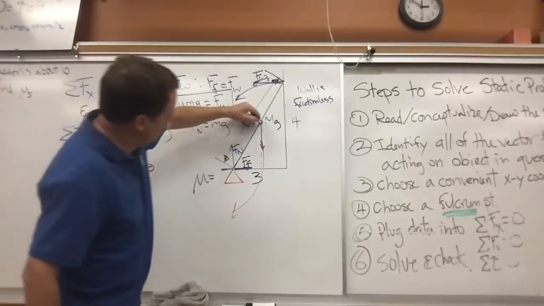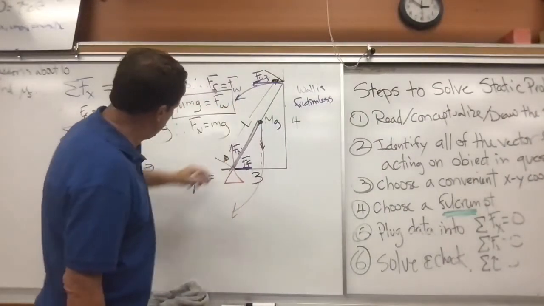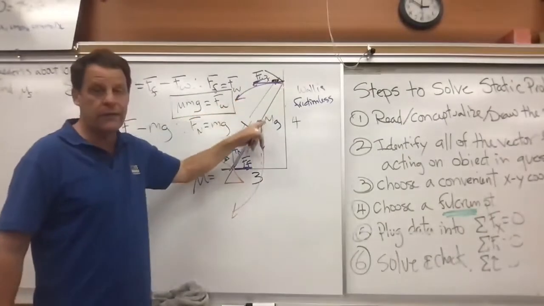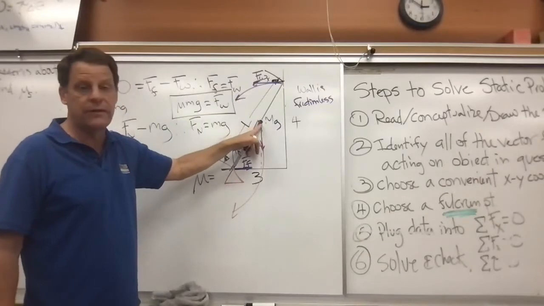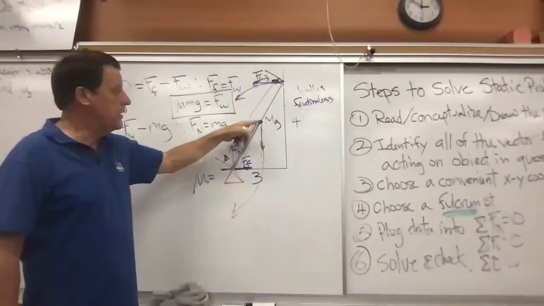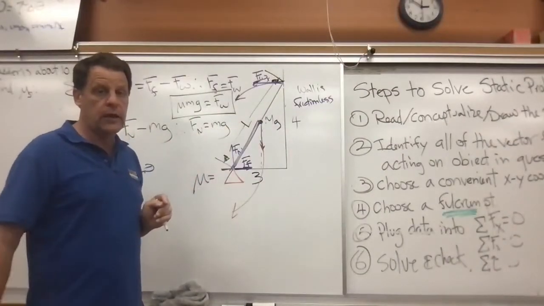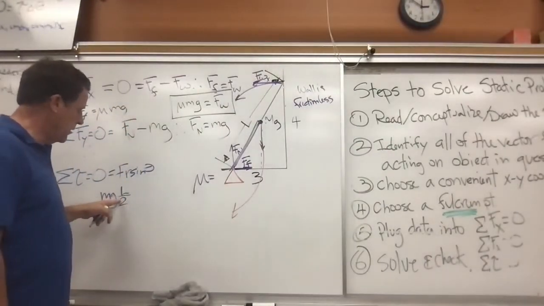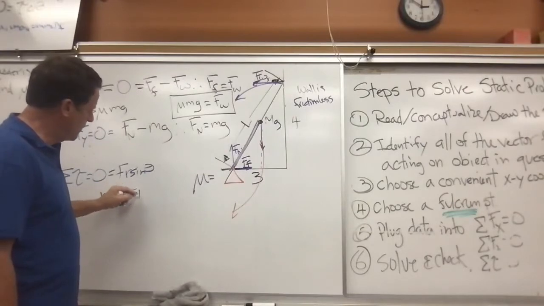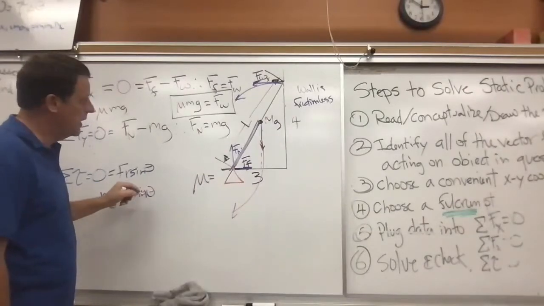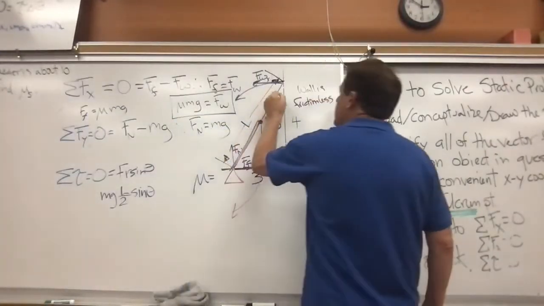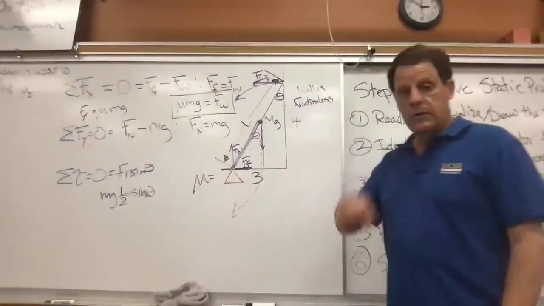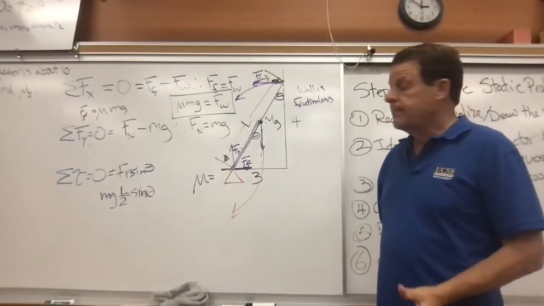Our radius, the distance from here to here, is half the length of the ladder, because that is where the center of mass is, and we can think of all of that force acting right in the center. So that's our force times our radius. And now we're going to take the sine of the angle. And this angle right there is going to be theta.